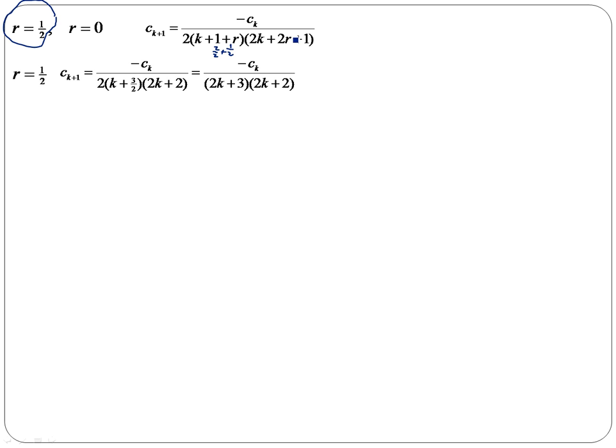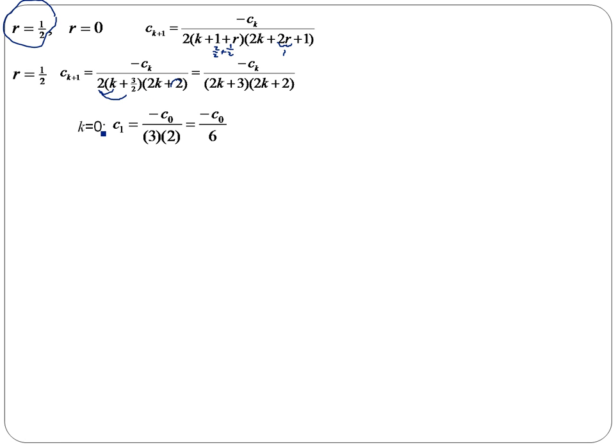And then when r is 1/2, 2 times 1/2 gives you 1. So you get 1 plus 1 is 2. Because I didn't want to work with fractions, I multiplied through by this 2. So I got 2k plus 3, and then I have 2k plus 2.